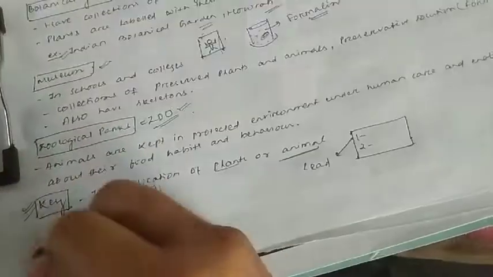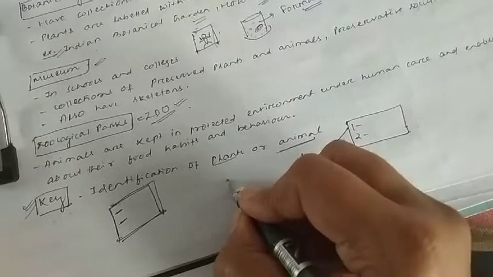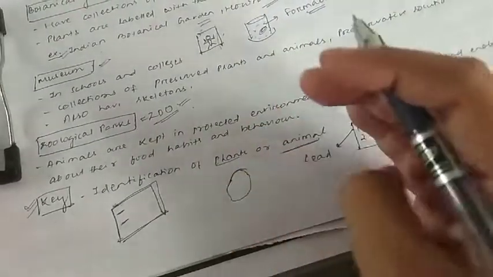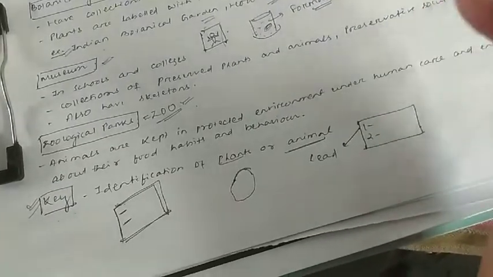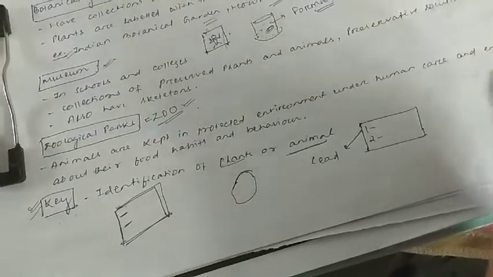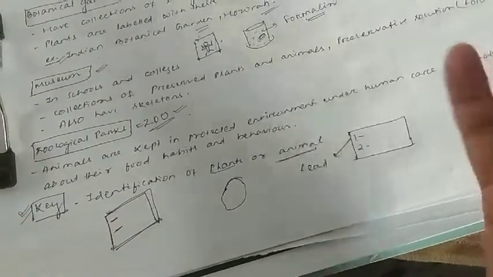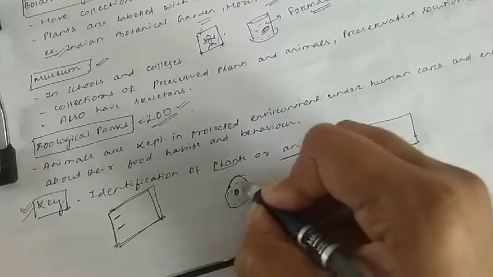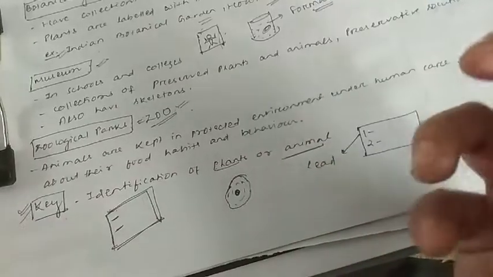For example, let's assume you found a new organism and you want to classify it under a particular kingdom. You want to know whether it is an animal or a plant, or you want to classify it under a particular species, or name it or something like that. So let's assume you found this organism, and you want to understand more about it.